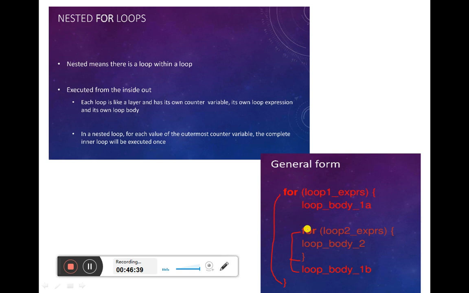In this case, one for loop inside another for loop. So the outer for loop executes slower compared to the inner for loop. Means for every iteration of the outer for loop, the inner for loop will execute in its entirety. For each iteration of the outer loop, the inner loop executes all its iterations once.